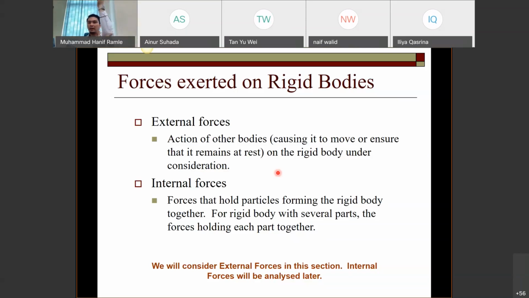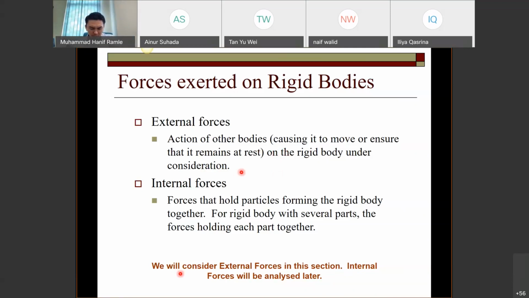Let's say I have this joint, the elbow joint, with the ulna, radius and humerus bone. There are two parts, the ulna and radius part and the humerus part, and the forces between these two parts in the elbow joint hold them together. So the internal forces can hold the different parts together.